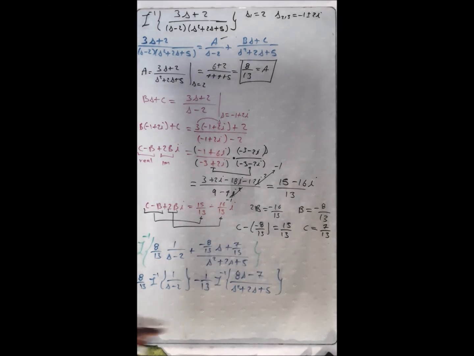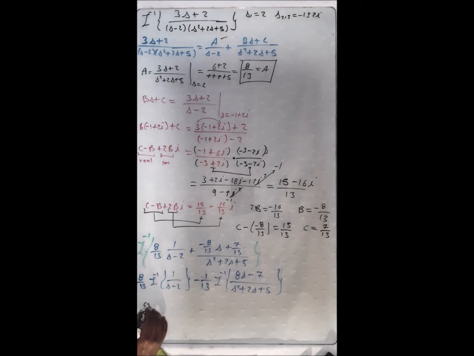Now this fraction we have already solved in the previous video, where we complete the binomial and then we apply the formulas of the exponential times the sine and the cosine. So we have already solved this, so just replace the result.